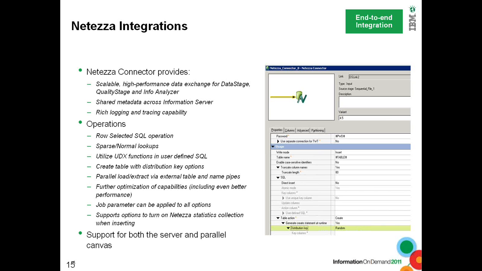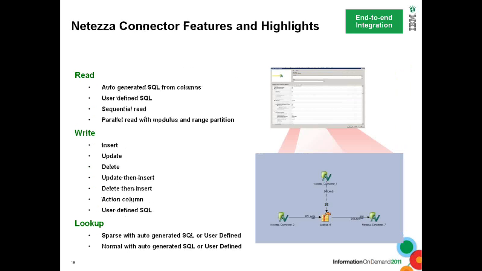For example, the parallel debugger, which will allow you real insights into your code, your transformation logic and your flow, and will help you create better optimized jobs using all these powerful features, right? Moving on to the Netezza connector features.